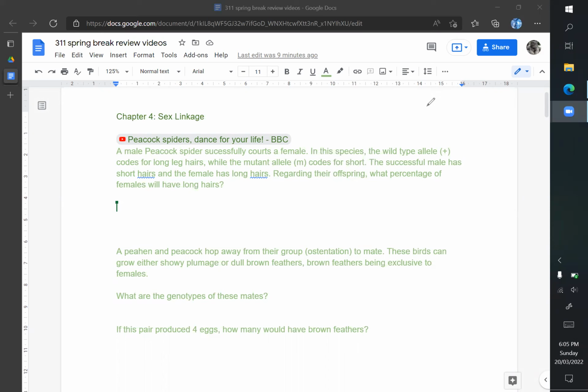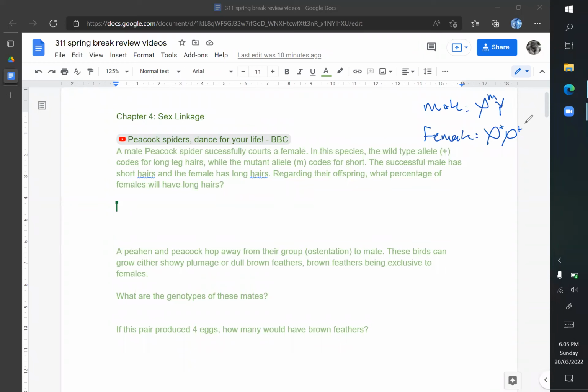So the male is going to be X, Y. And they have short hair, and short hair is the mutant variant. So they're going to have mutant, and the female is obviously XX, and they have long hair. So two wild types, and we assume in this case that the wild type is dominant to the mutant allele.